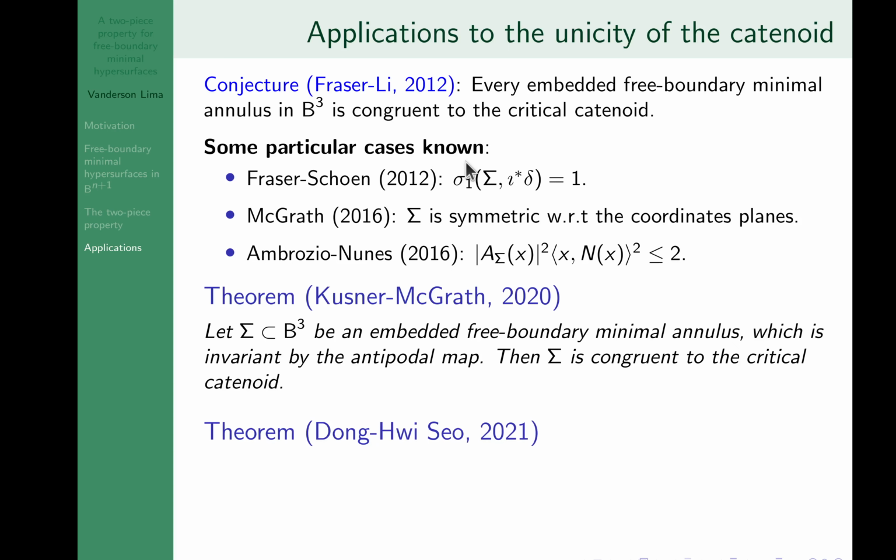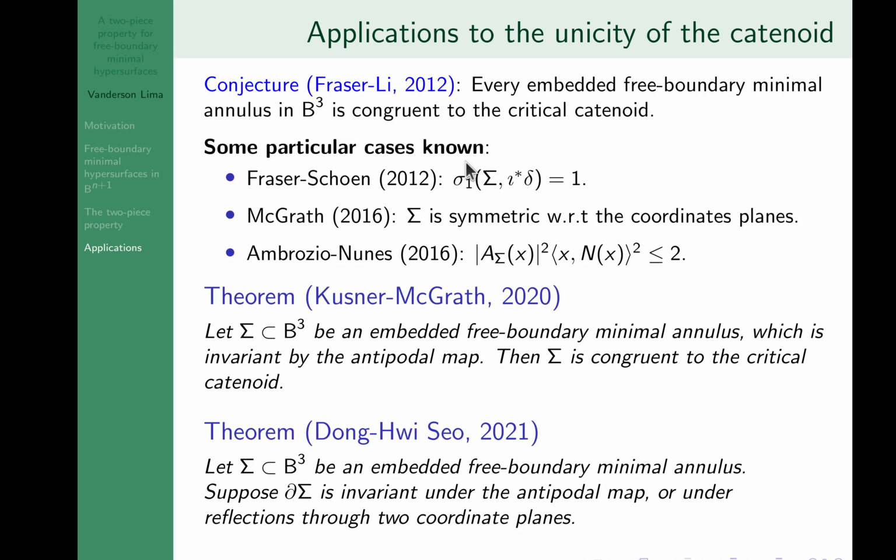And in 2021, Seo proved the following, again using the two-piece property: if I have a free boundary embedded minimal annulus in the ball, and now instead of considering symmetries on the whole surface, we consider only symmetries on the boundary.